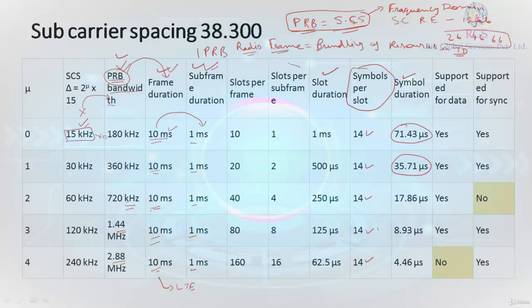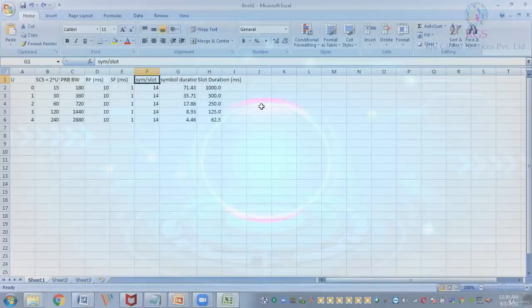So what is the next thing? Slots in one subframe. Slots per one subframe. How much will be the slots per subframe? So what is the size of one subframe? Subframe is all 1 millisecond. So what is 1 millisecond? 1000 microseconds, right?